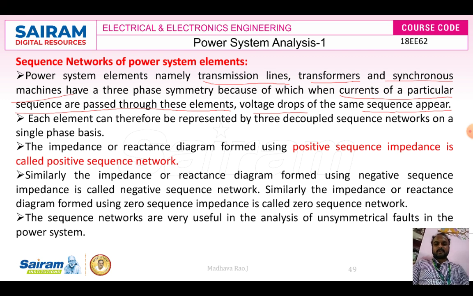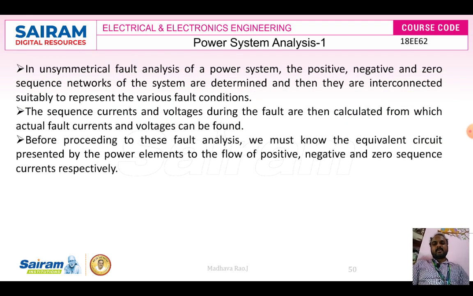Next, we will see the unsymmetrical faults of a power system with positive, negative and zero sequences. How do we analyze unsymmetrical faults? We determine the positive sequence, negative sequence and zero sequence networks of the system, and interconnect them suitably to represent the various fault conditions.